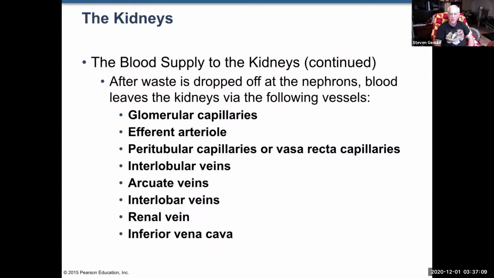After waste is dropped off at the nephrons, blood leaves the kidney, going back in the exact opposite direction, back towards the heart. You have your glomerular capillaries, then your efferent arterioles. Efferent means going out. Then the peritubular capillaries, or vasa recta capillaries, the interlobular veins, arcuate veins, and interlobar veins. Then the renal vein into the inferior vena cava.